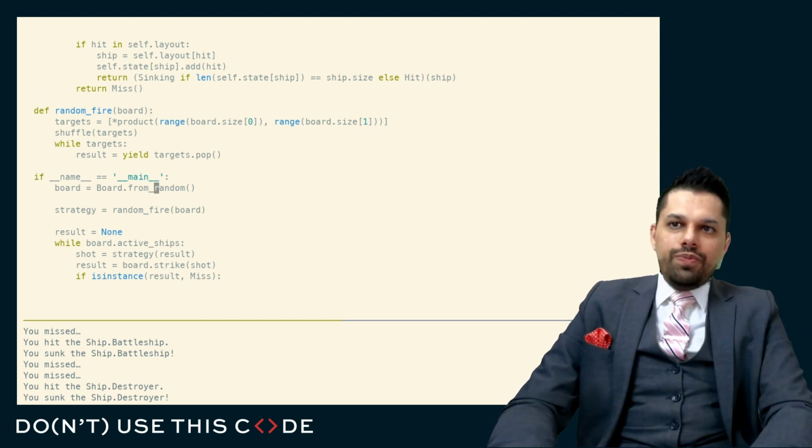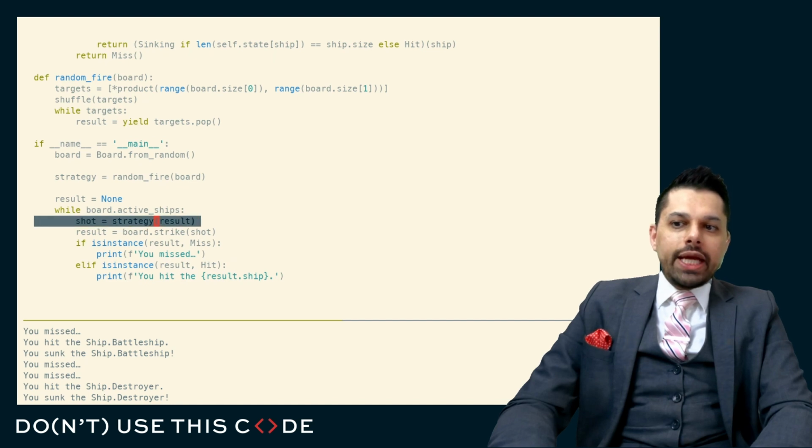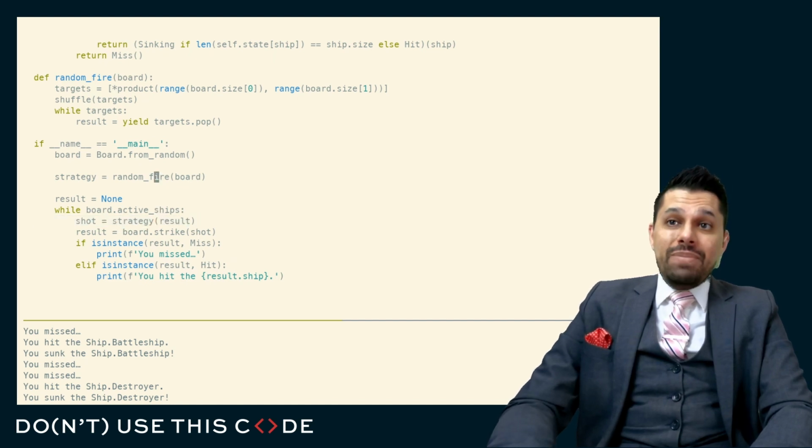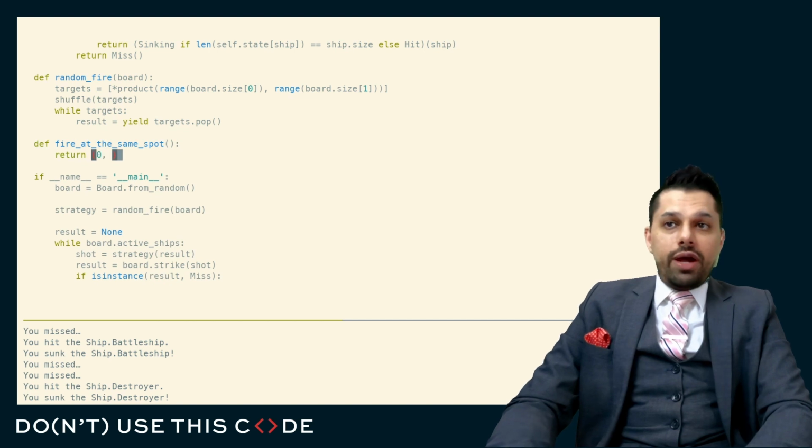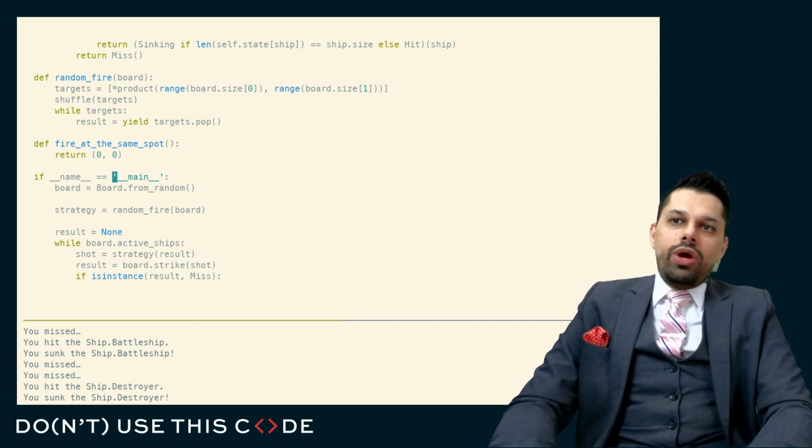And so what I'm going to do is make this thing look like just a regular function. Meaning, if the strategy were fire at the same spot, and all it did was just return 0, 0, firing at the same spot, this is API compatible with whatever I have.